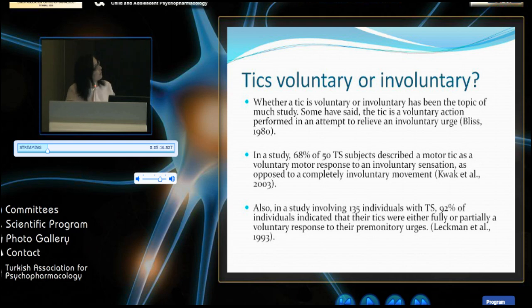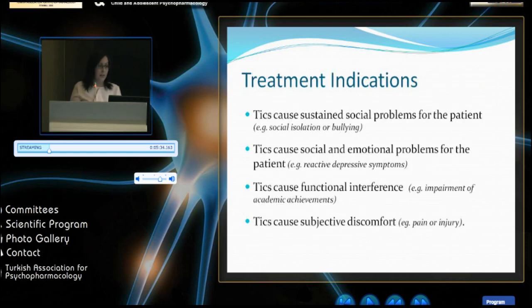Here it says that 135 individuals were asked in Lekman's study, and 92% said that their tics were either fully or partially voluntary responses to their premonitory urges. So it is a voluntary action as a result of an involuntary urge or impulse.